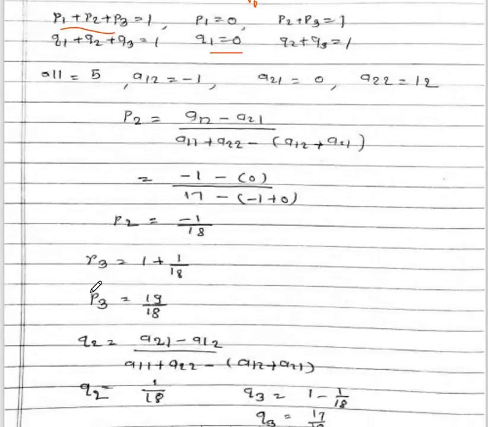Similarly we can find P3, that is 19 upon 18. So these are the values of P2 and P3.